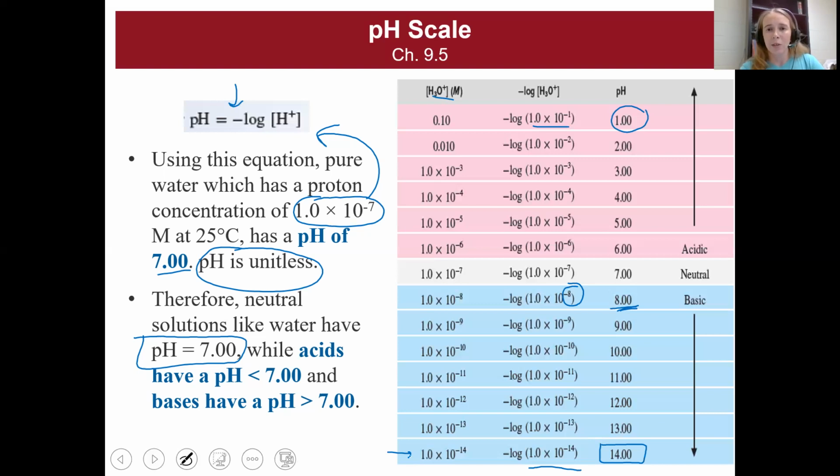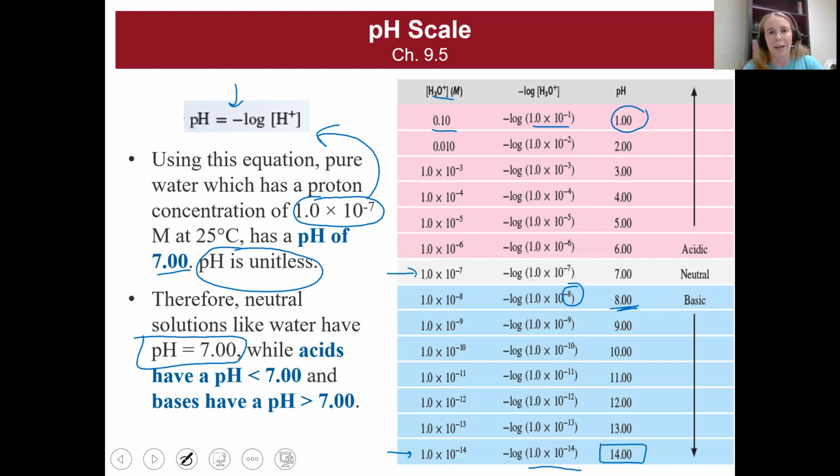Whereas an acid, on the other hand, has a really big concentration of protons slash hydronium ions. It might not seem like a really big number, but 0.1 is a huge number if you're considering that these protons are super tiny and water doesn't have that many of them.